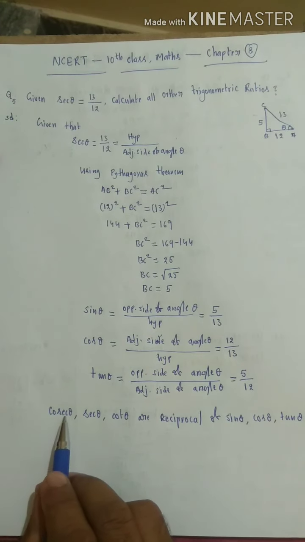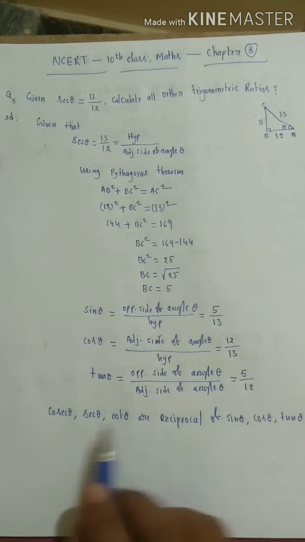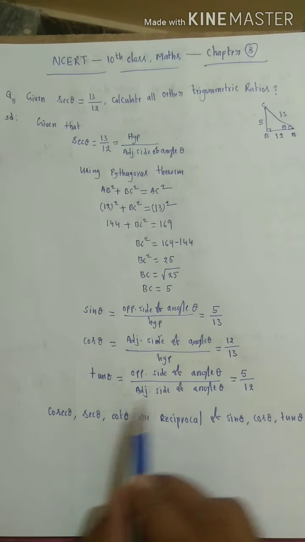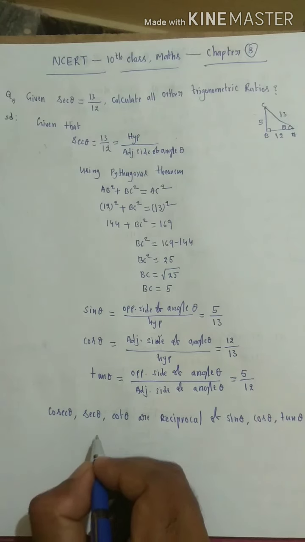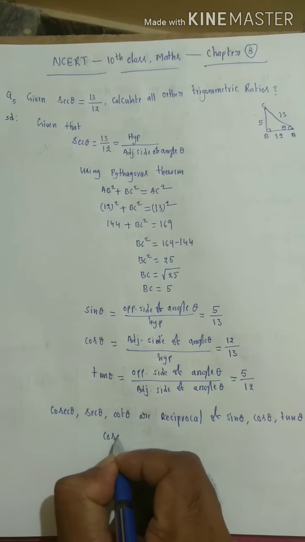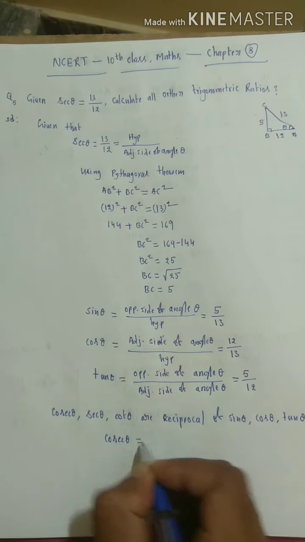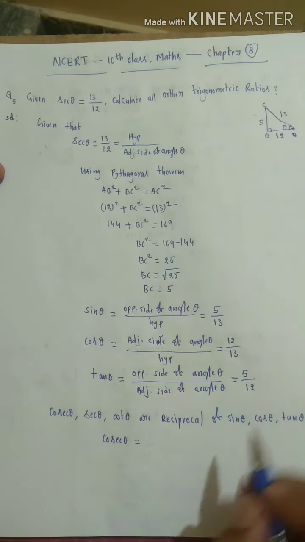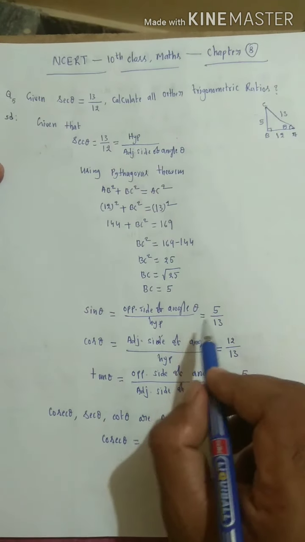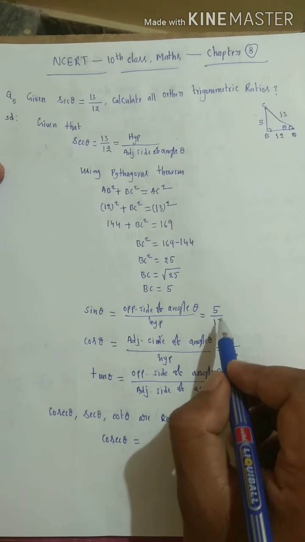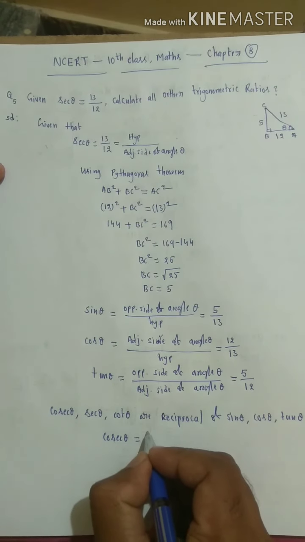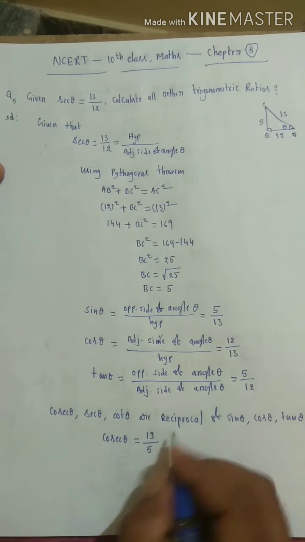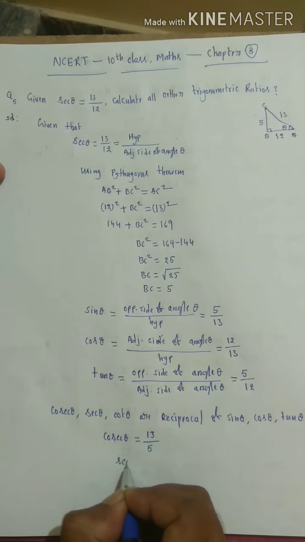Cosecant theta is the reciprocal of sin theta, secant theta is the reciprocal of cos theta, cot theta is the reciprocal of tan theta. Cosecant theta, first one, reciprocal of sin theta. Reciprocal is nothing but the numerator and denominator interchanged. Here sin theta is 5 upon 13. Interchange the numerator and denominator, 13 upon 5. Next one, secant theta.